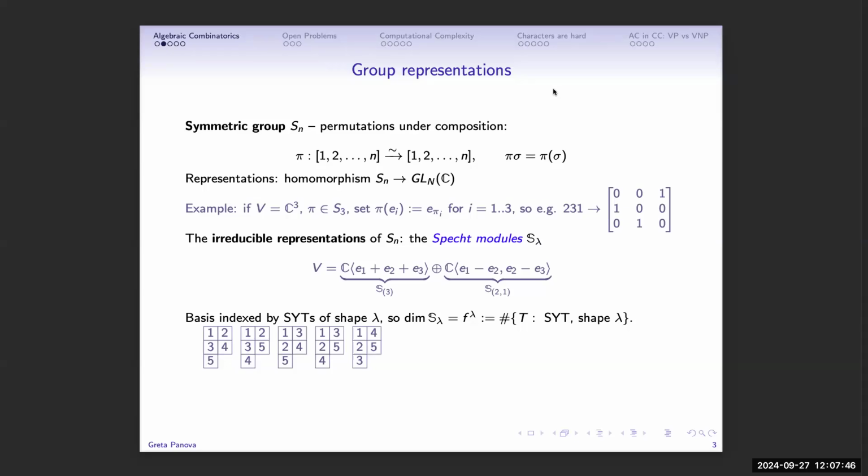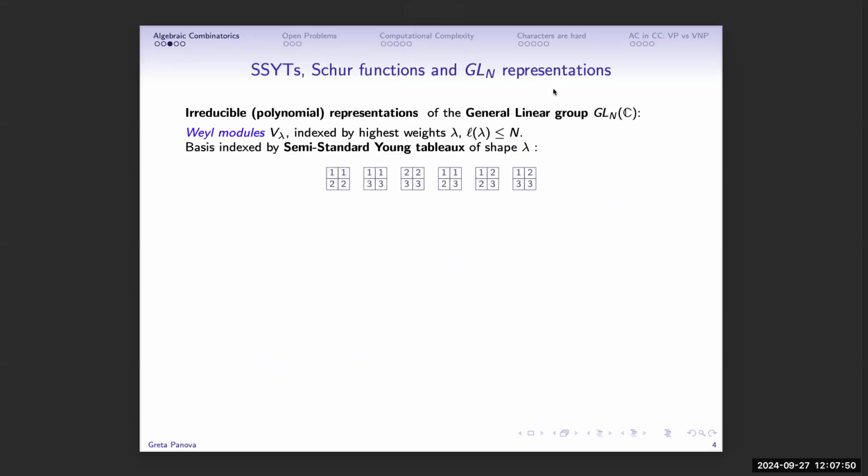So there is a dual story to this. This is the general linear group, which is now an infinite group, but we can still talk about representations. These are matrices, and we can represent them as some other matrices, which still respect the group law. Again, we can talk about irreducibles in this case.